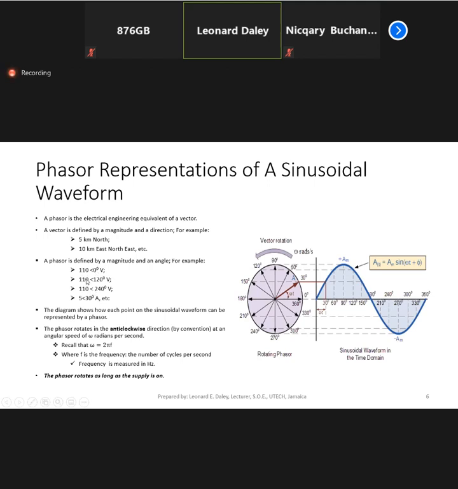So your house voltage, since it's single phase, you would only be having 110 at angle 0. But say we had a three-phase system, then these would be the angles for a three-phase supply. Right? So voltages can be written as phasors, currents can be written also. Right?